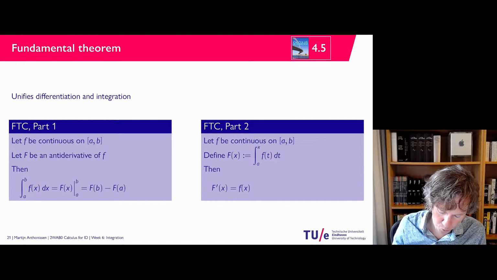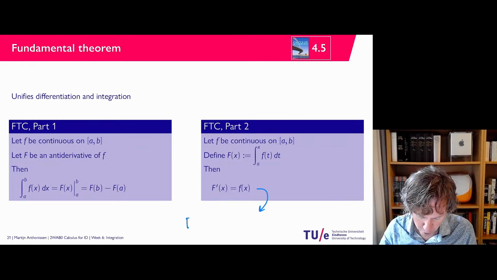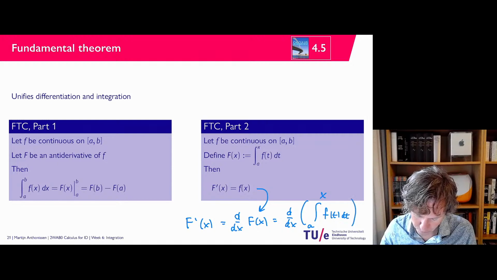But if I already run ahead a little bit, it says here F prime. So that is the derivative, say d/dx of F(x). So we find that the d/dx of the integral from a to x of f(t) dt is apparently, according to the theorem, little f of x.